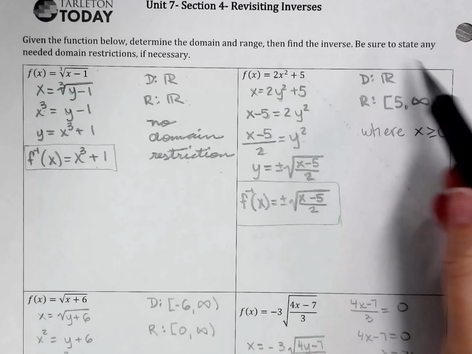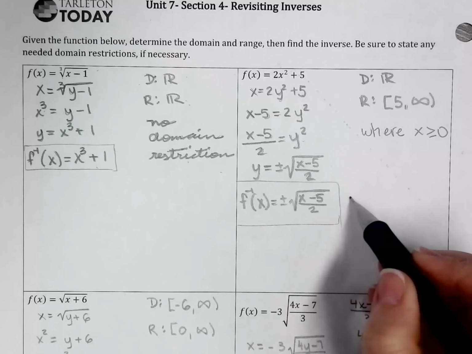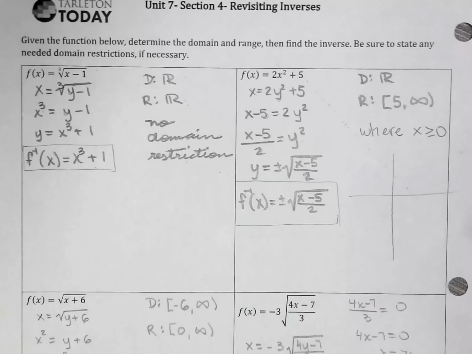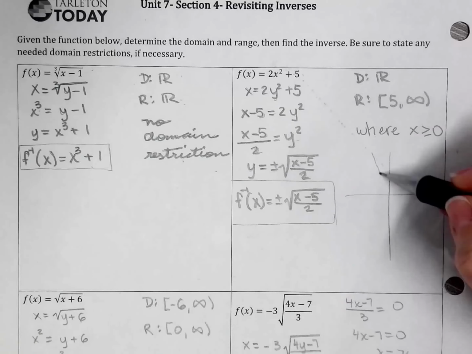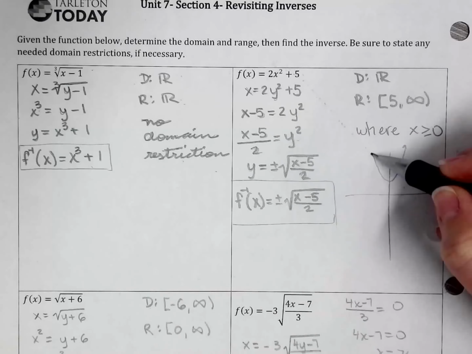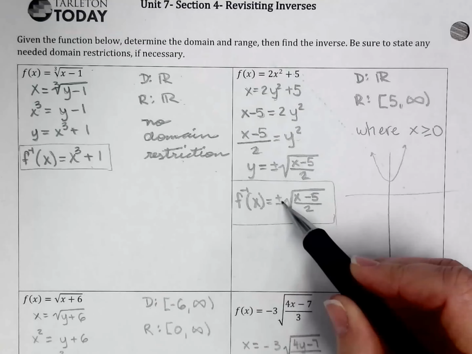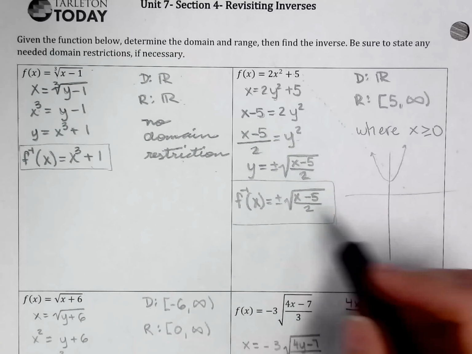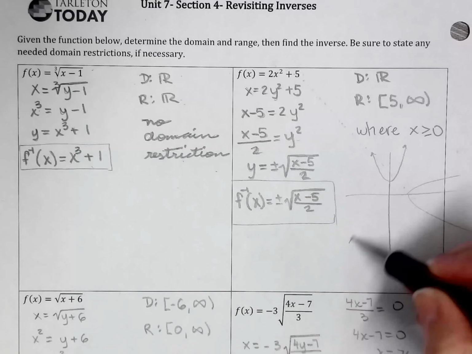So here I have this one. I'm going to restrict the domain here because if I were to graph this, this is my x and y. My original function would just be there, somewhere over there. So when I solve this, I'm taking the square root of plus or minus. Your reflection would be like this.